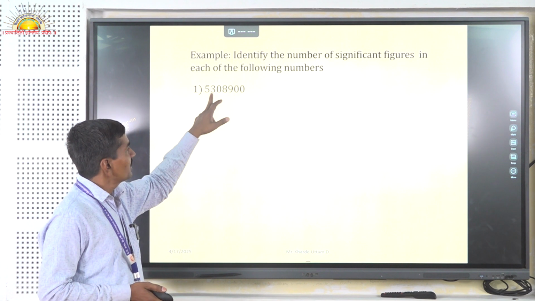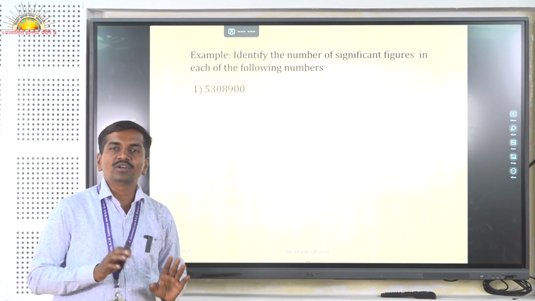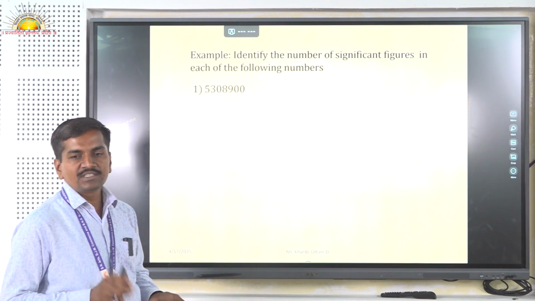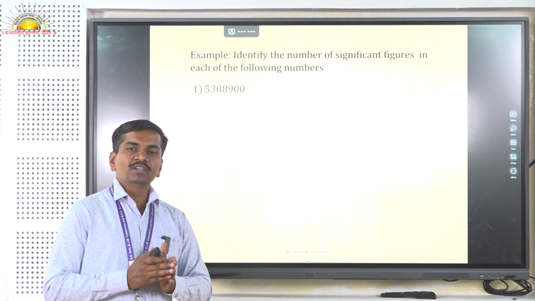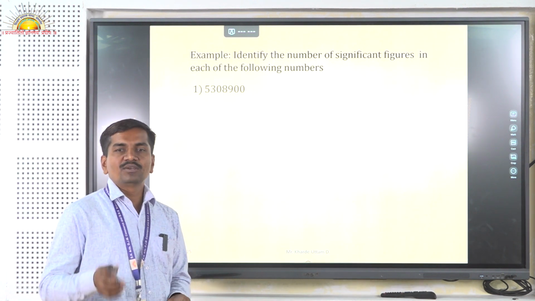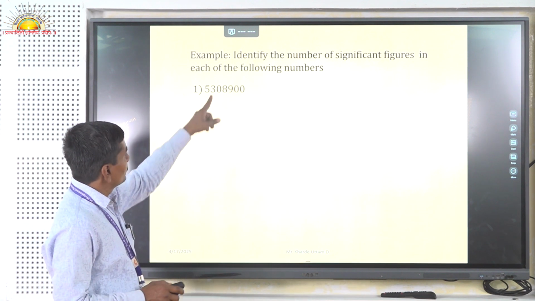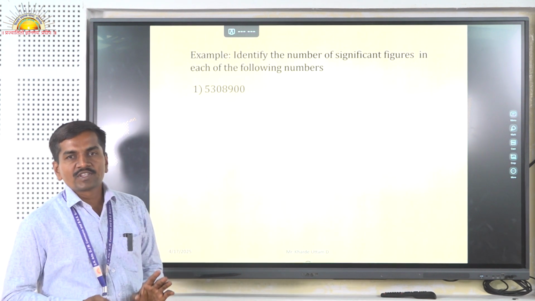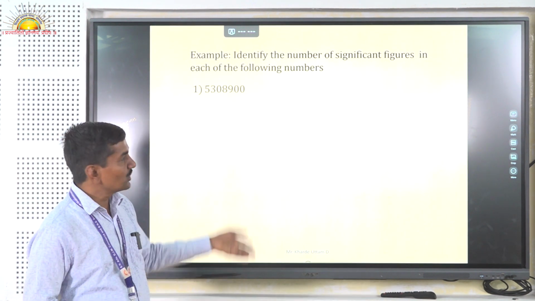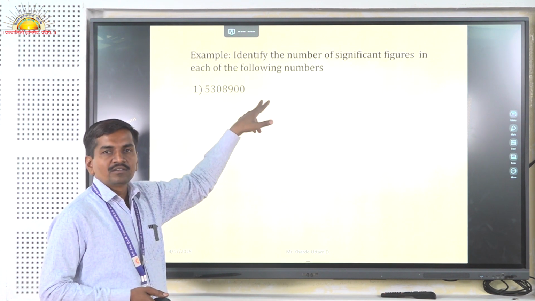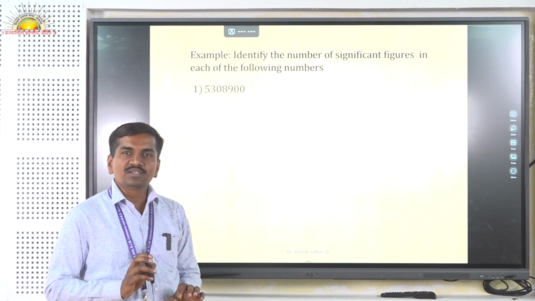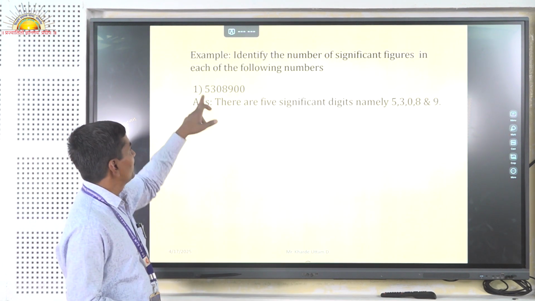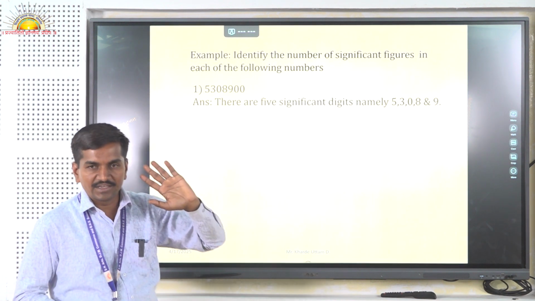So 5, 3, 8, 9 are non-zero digits, therefore these 4 are significant. The second rule is any zero between 2 significant digits is always significant. So the zero between 3 and 8 is also significant, but the zeros at the end of the whole number are not considered significant. So in this number there are 5 significant digits, namely 5, 3, 0, 8 and 9.